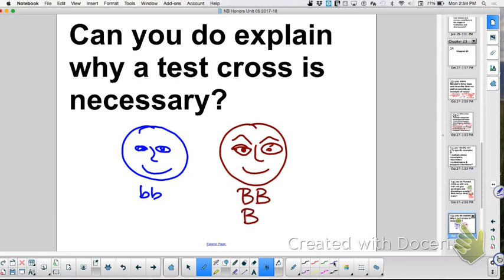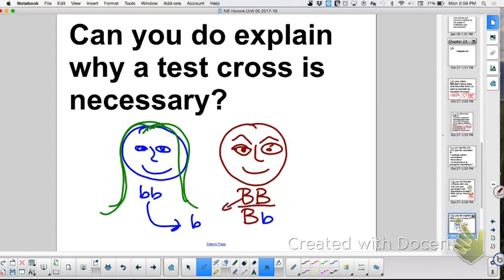They could be this. So who do I cross them with? Yeah, I cross them with somebody who is little b, little b. Okay? Because I know every single time the only thing they have to give is a little b, right? So if they are this kind of brownness, then the only thing they will give every single time is what?